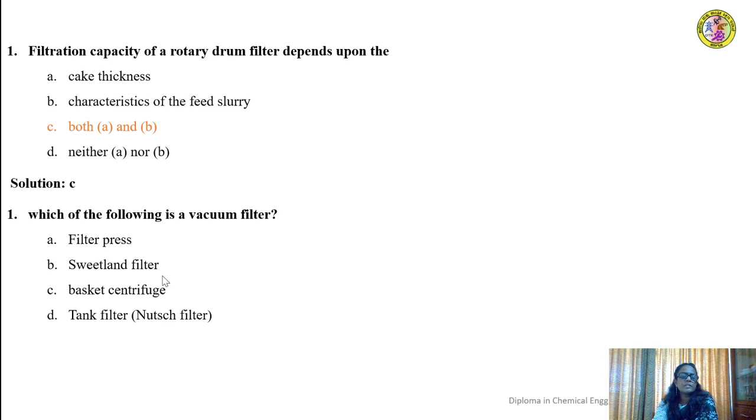Sweetland filter is a pressure leaf filter, and filter press, of course, as you know, is a pressure filter operated under batch conditions. Basket centrifuge employs the centrifugal force. The tank filter, also called the nuts filter, is the one in which vacuum is used as a driving force. So the last option is the right answer.